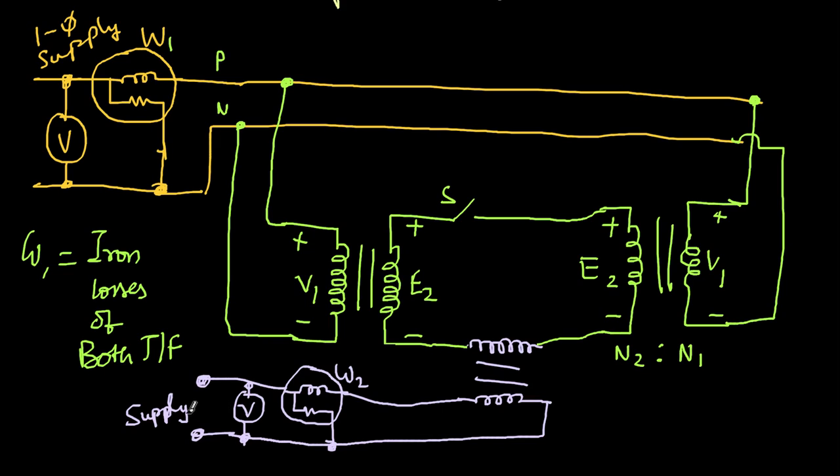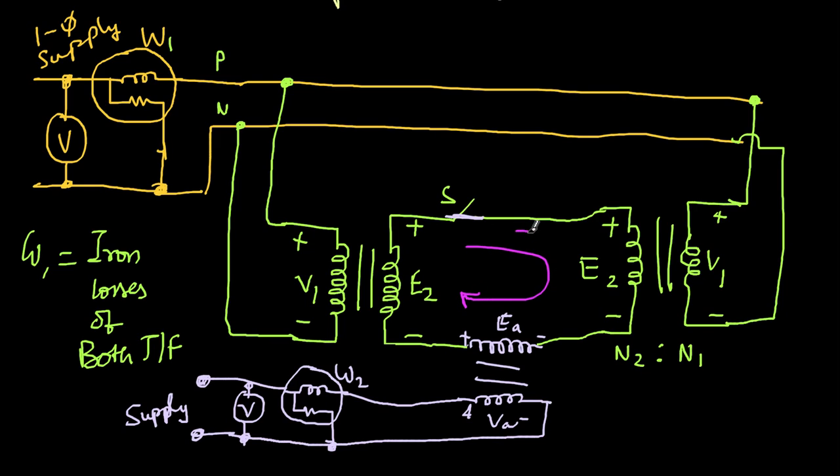Now, as I increase this supply voltage, some current starts flowing in the primary winding, and of course I have to close this switch. Because the secondary is closed, some, let's say VA and EA, something like that is induced here. This induced EMF, let's say the direction is plus minus like this, and this will start circulating some current in this whole system.